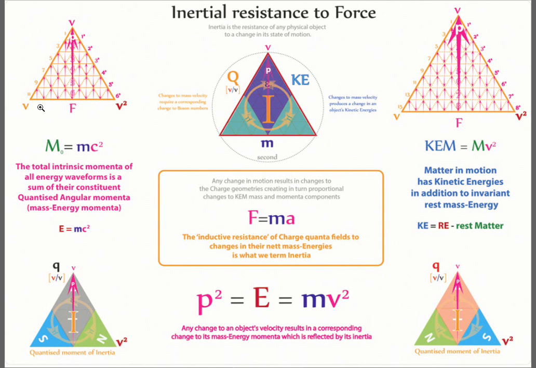In order to add that energy to the geometry, you have to change the frequency, obviously, of the field by adding the energies, and obviously you also have to reduce the wavelength of all the quanta within that field. So again, it will require work to compress the wavelengths of the Planck quanta within the field. So there's a resistance. This is what we call inertial resistance to force.